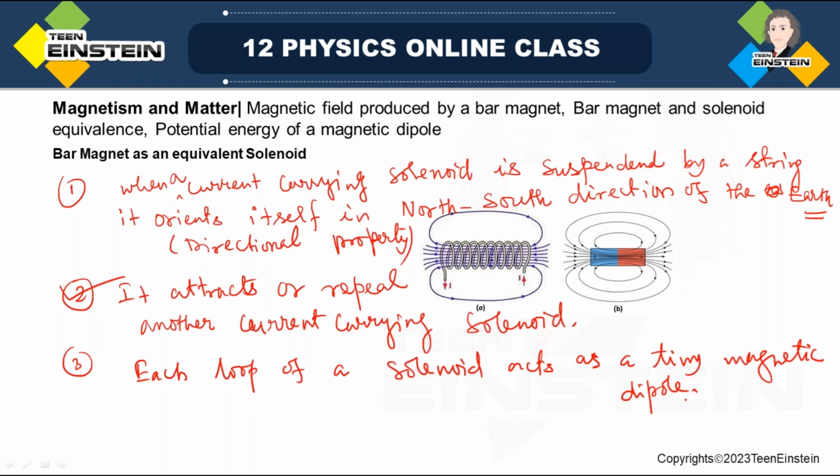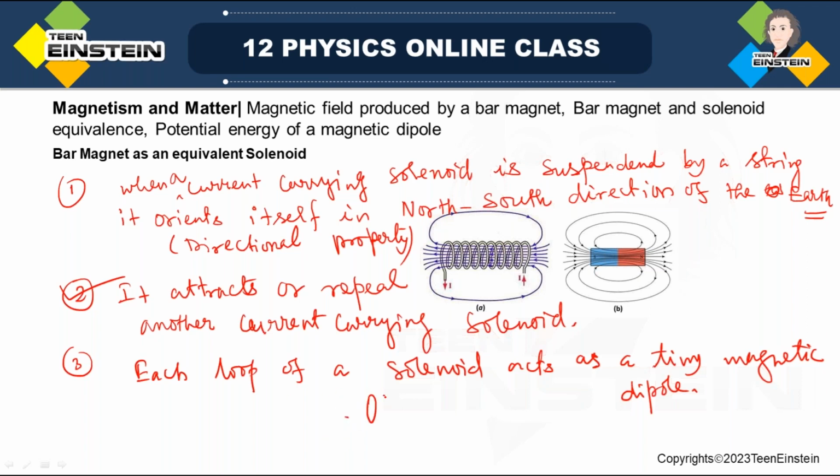Okay, so one loop like this, if we take, one side will be north and another side will be south pole. In the given case, the left hand side will actually act as the north pole.